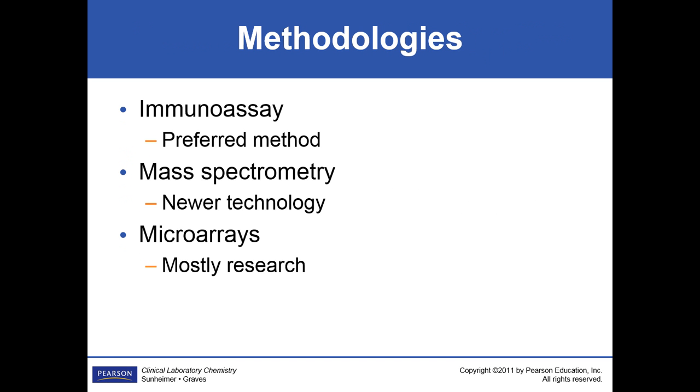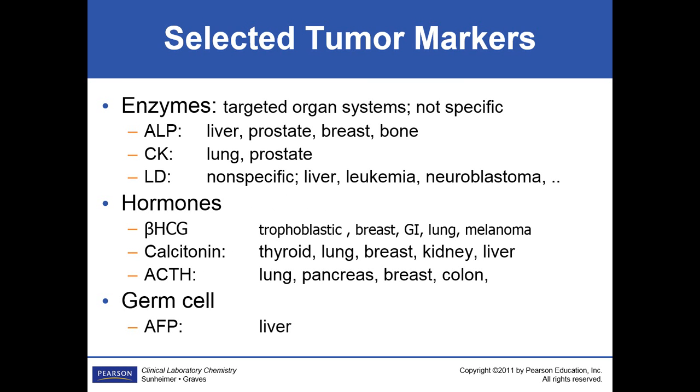Most of the methodologies we use now are immunoassays, but there are mass spectrometry and microarrays that are available, just not generally in a clinical setting. These are some examples of tumor markers. They can be an enzyme, and as we learned with enzymes, different organ systems use or produce different enzymes.